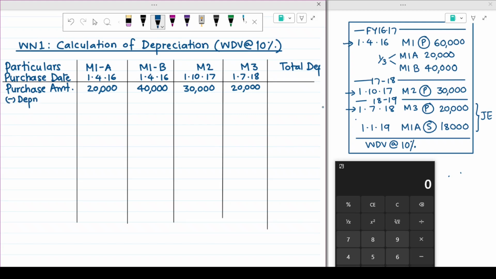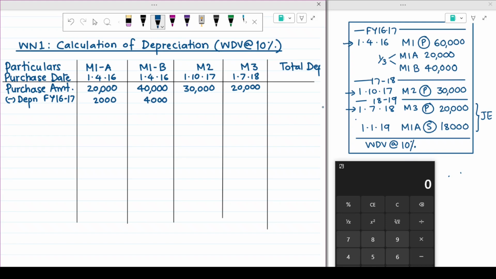Depreciation for financial year 16-17. The first asset that is split in 2 was purchased on 1st April 2016 and it was used for the entire year. So the depreciation will be for entire year. 10% is 2,000 and 4,000.